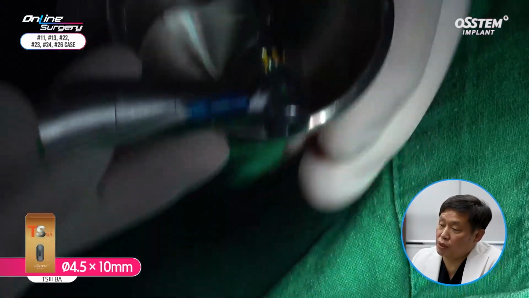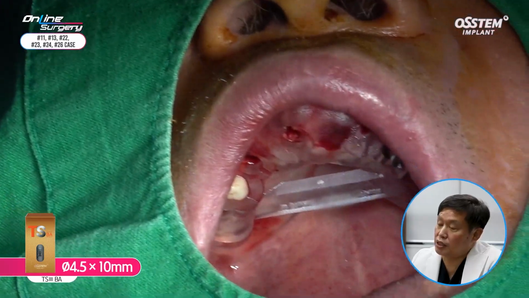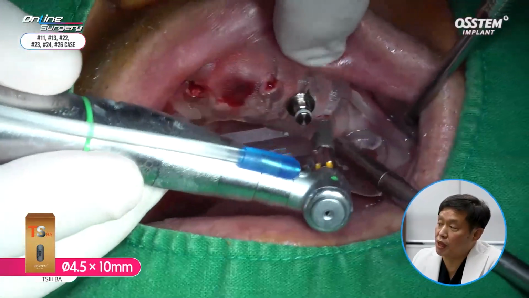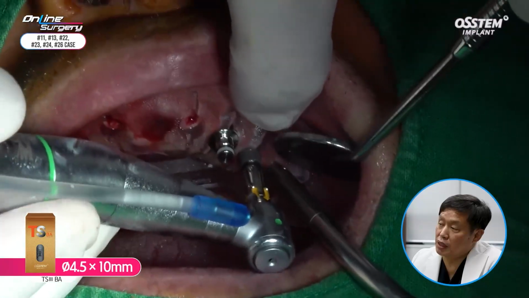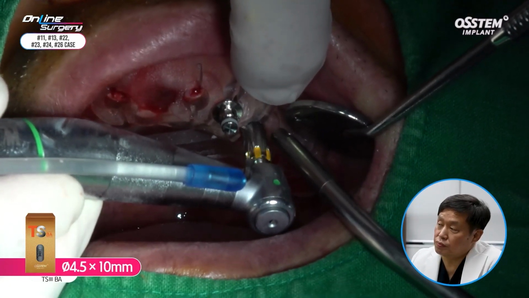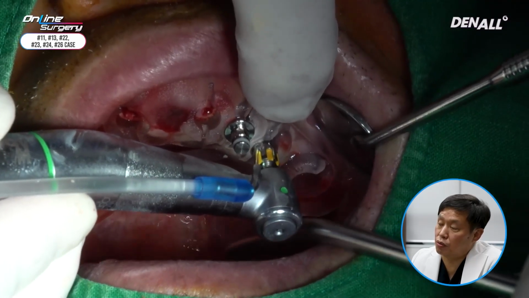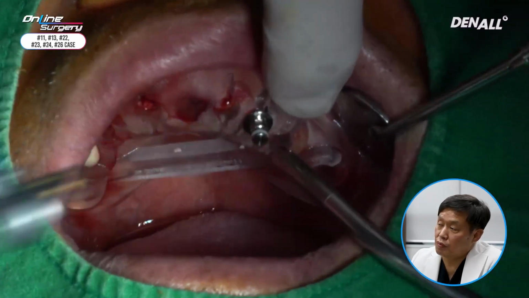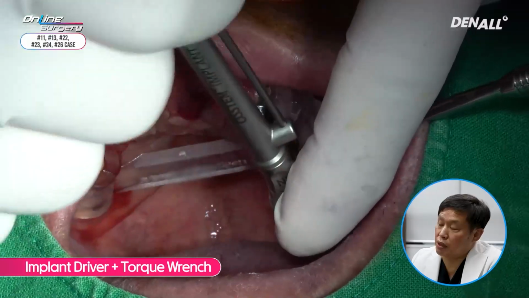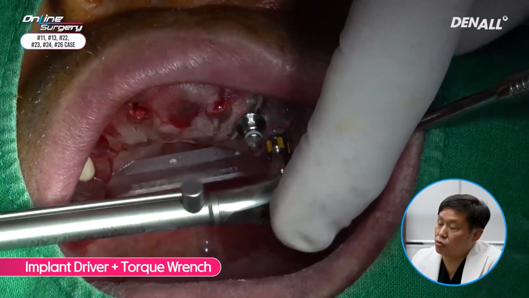The implant was placed first in number 24, a TS3 4.5 by 10 mm implant. The implant was placed 80% using the engine. The bone quality seems sound.